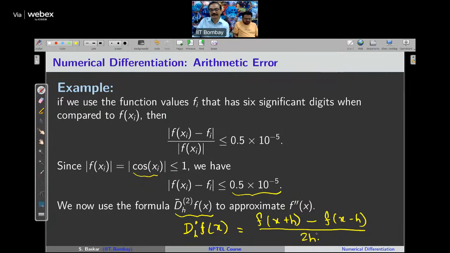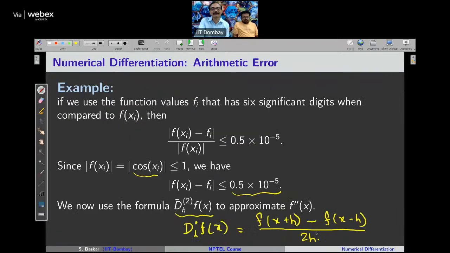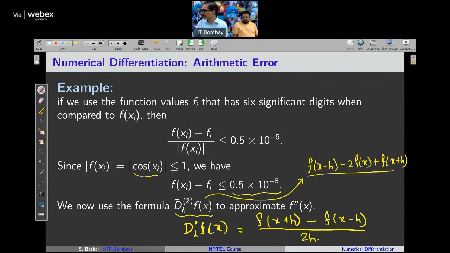This is the formula. Whereas for the D_2h formula, if you recall, what is the D_2h formula? It is given by f of x minus h minus 2 f of x plus f of x plus h, am I right, divided by h square. Okay.